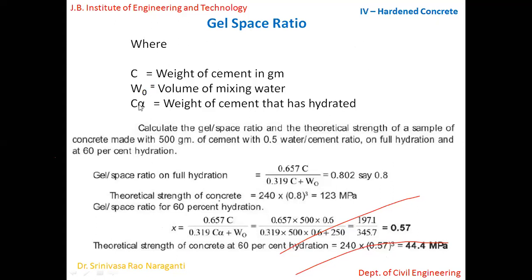Then C alpha is the weight of the cement that is hydrated. For example, say I have 100 grams, out of that only 20% is hydrated, then I'll take 100 into 20%. That's my hydrated cement, the weight of the cement that has hydrated. So alpha is basically the percentage of hydration that has taken place. So by using these, now we know what is C, what is W naught and C alpha.